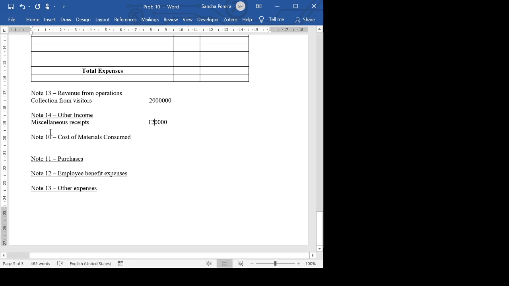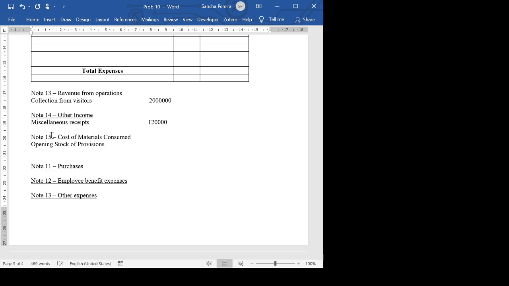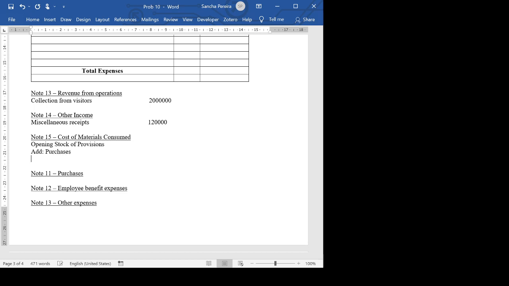Next we have cost of materials consumed. We come to the expenses part. We start like this: opening stock of provisions, add purchases and less closing stock of provisions.